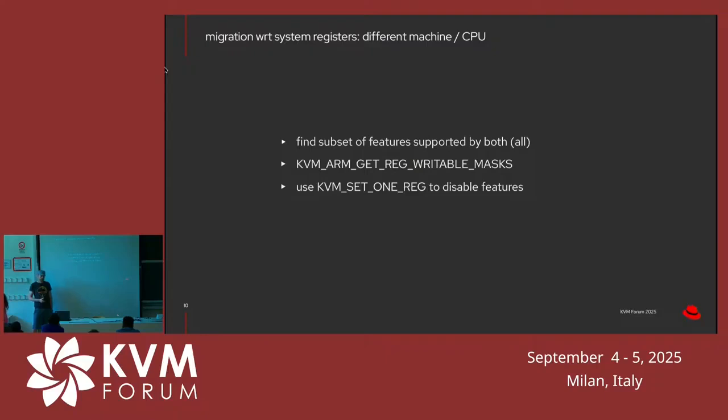Then, to support the VMM, there's another ioctl to retrieve the writable masks for each register to indicate what the VMM can actually change or influence. And then the VMM would use the SET_ONE_REG ioctl to disable features to get to the baseline that is common for all possible migration targets.